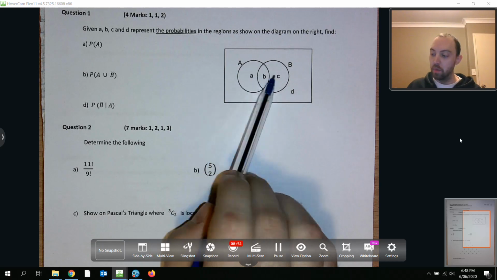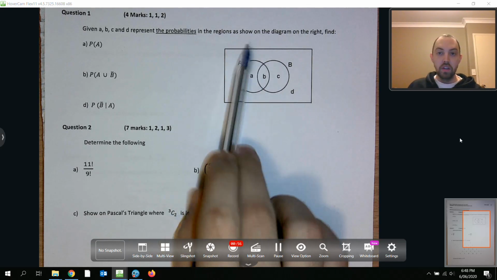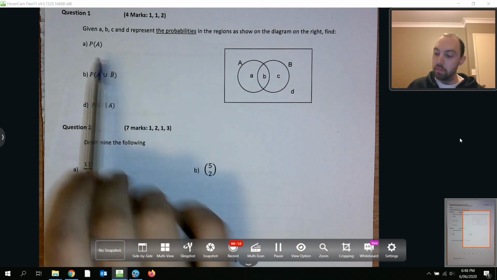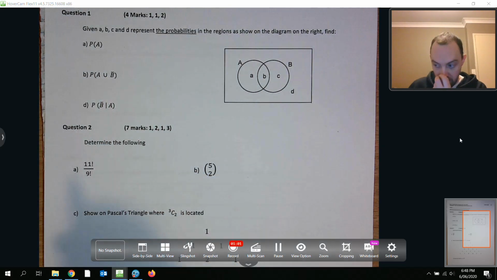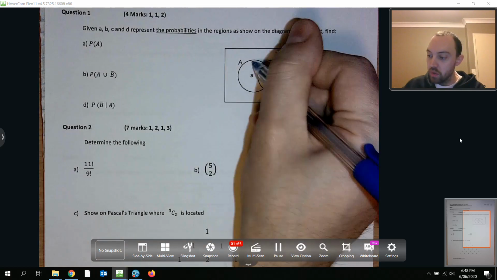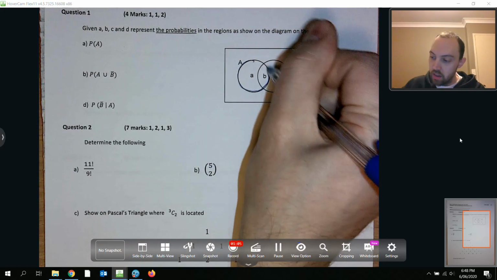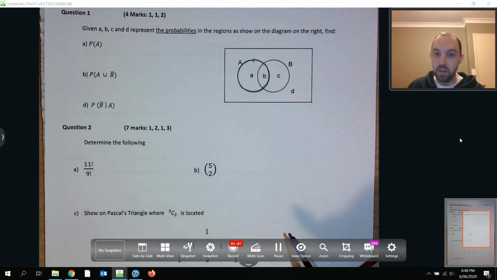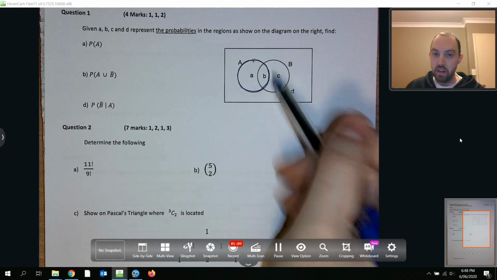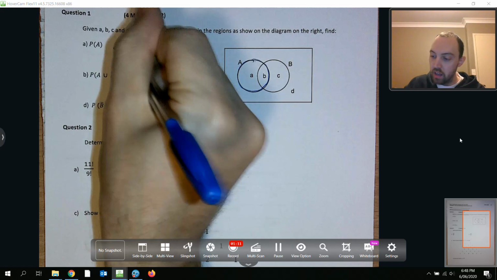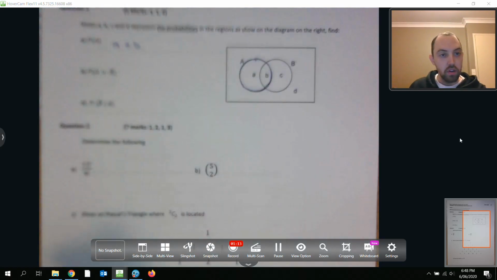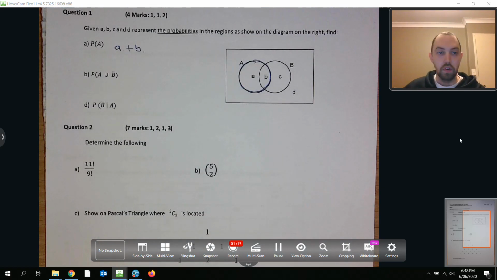Probability is not A or B is D. So we are trying to find the probability of A. Well, the probability of A is just whatever's in the A circle. So whatever's inside this A circle is A and B. So that's that part done.